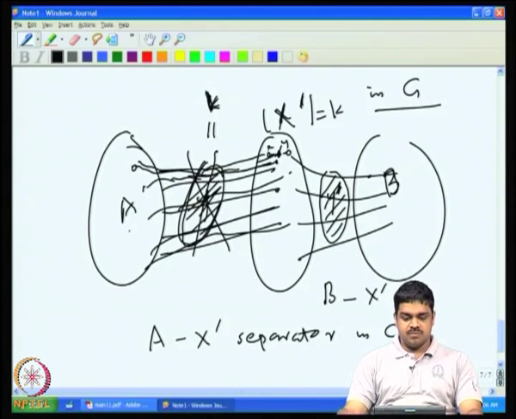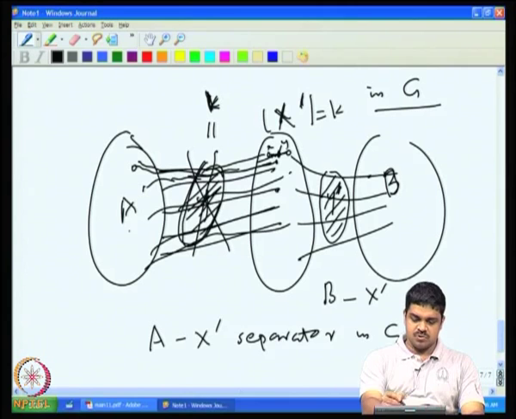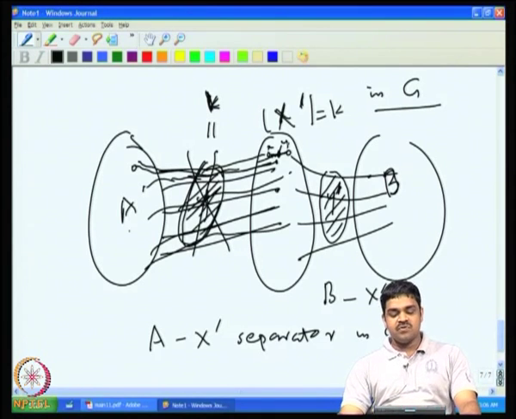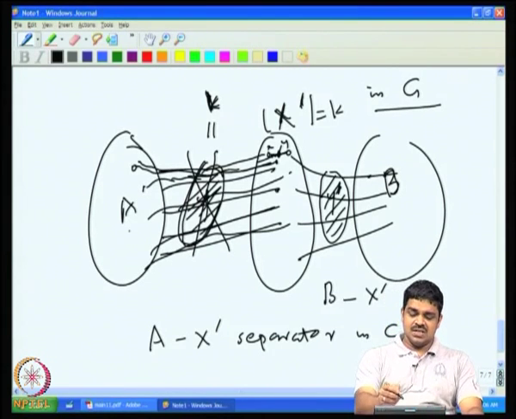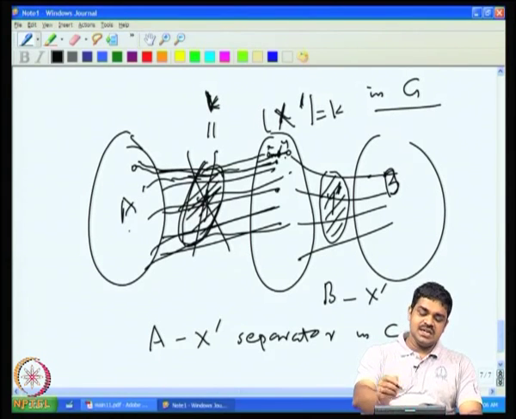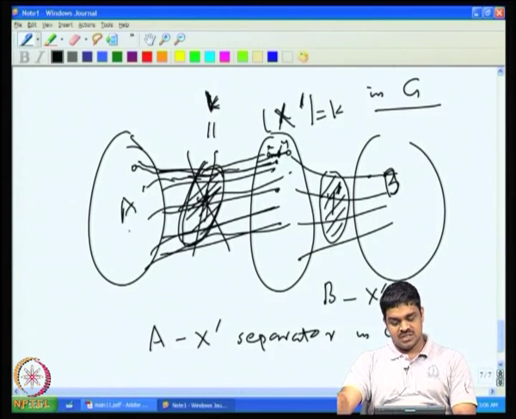But you may ask, suppose I put back this edge, is it possible that the number of vertices required to separate A from x dash will change? It is not possible, because this edge is added inside x dash, and that is not going to change anything.